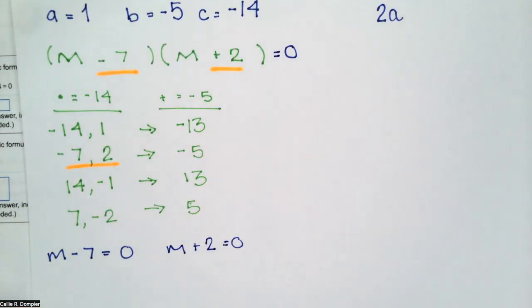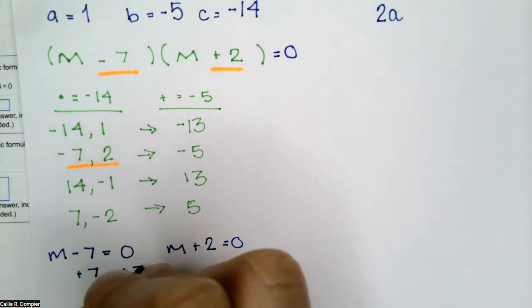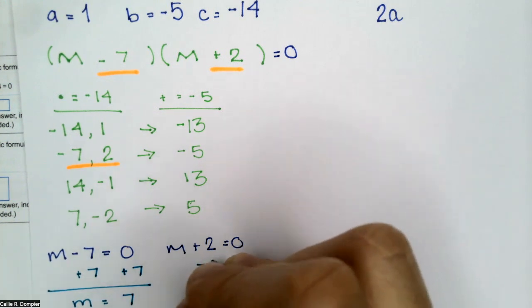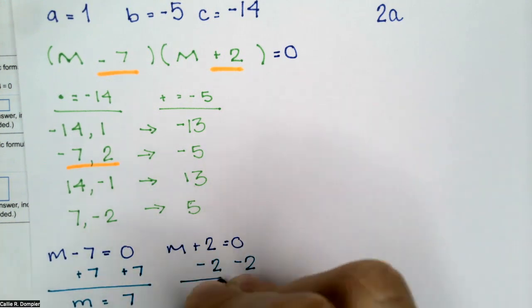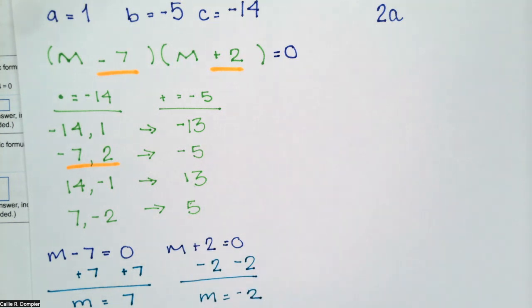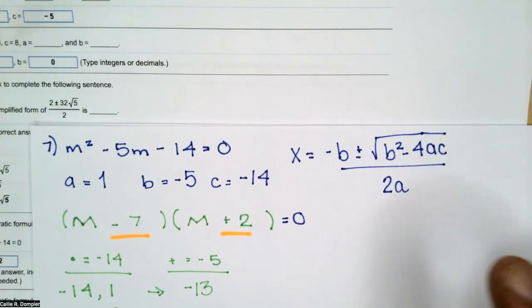Now add the 7 to solve for m. m is 7. Subtract the 2, m is negative 2. So you're welcome to factor it if you would like, or use the quadratic formula.